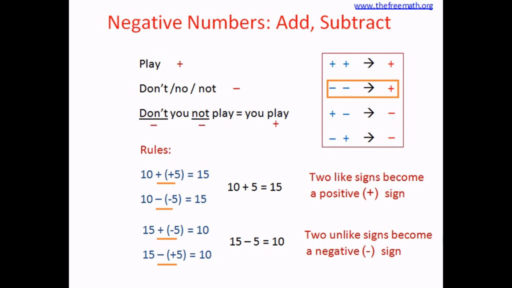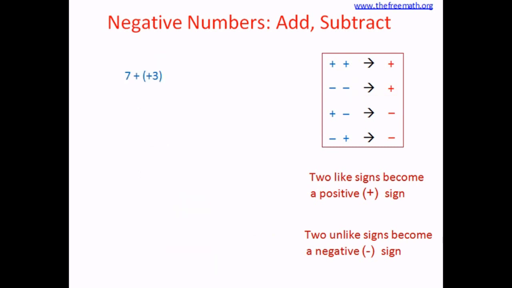And what is the meaning of this sentence? The meaning is to play. The meaning is positive. That means two negatives make a positive. That happens in your regular everyday language as well. So that means negative negative gives positive. This makes sense.